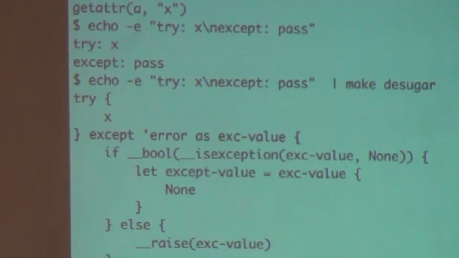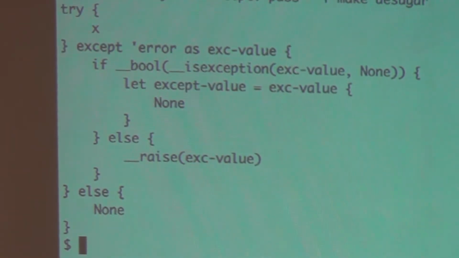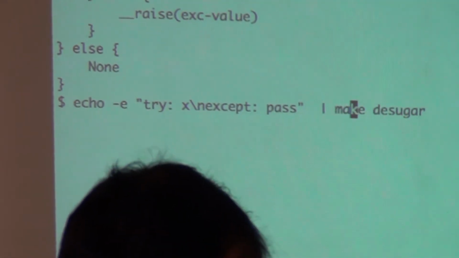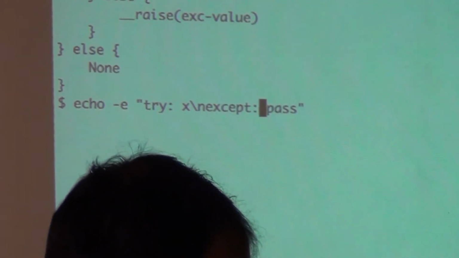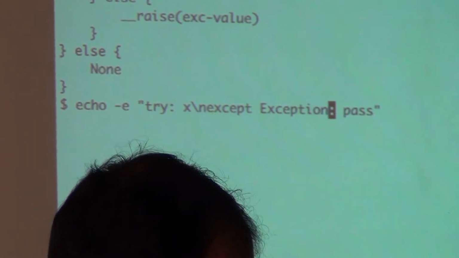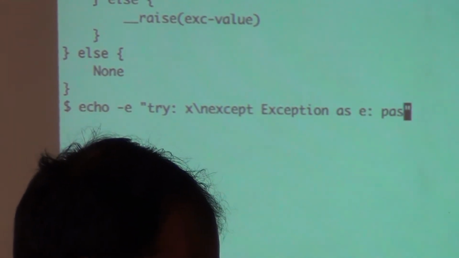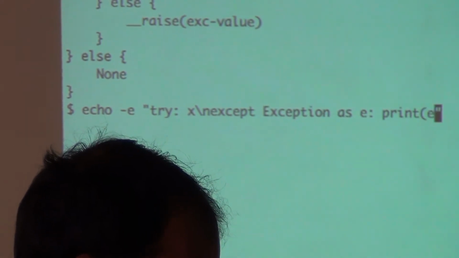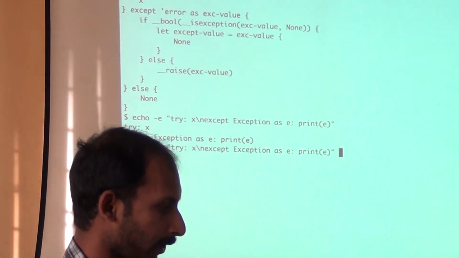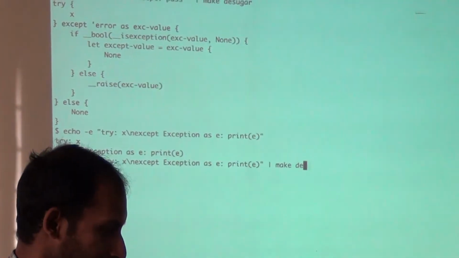It was too big to have a for loop and all that, so to understand it, I'll put an example with try, except Exception as E, and then say wait. Let's say this is our code. Let's see how this gets desugared.